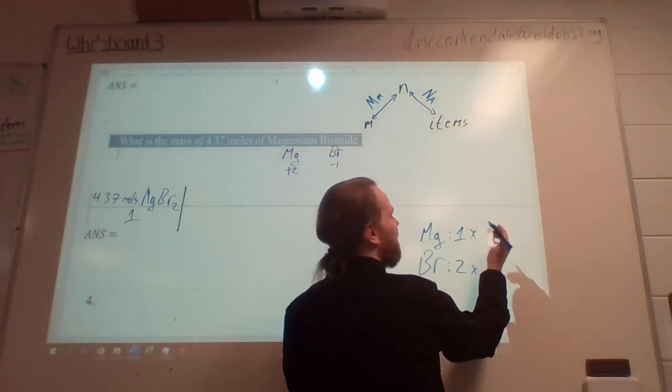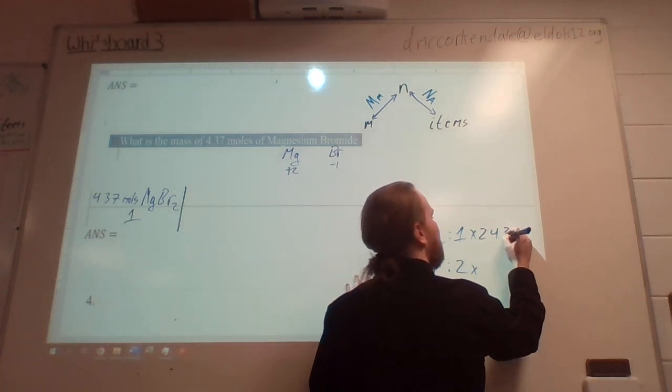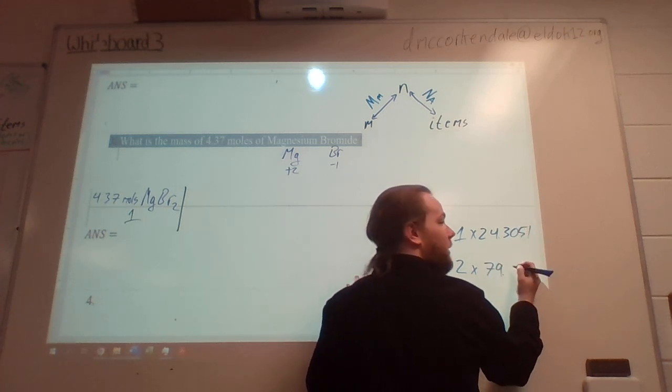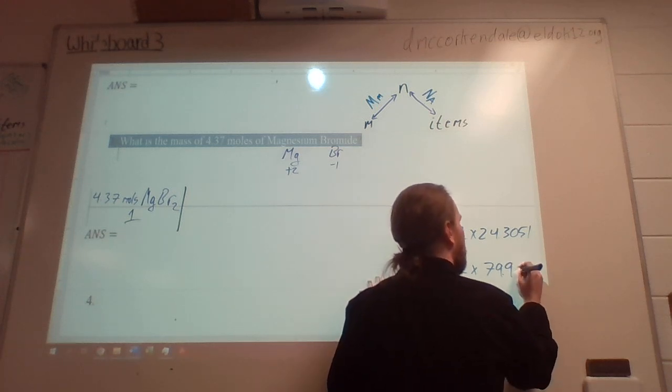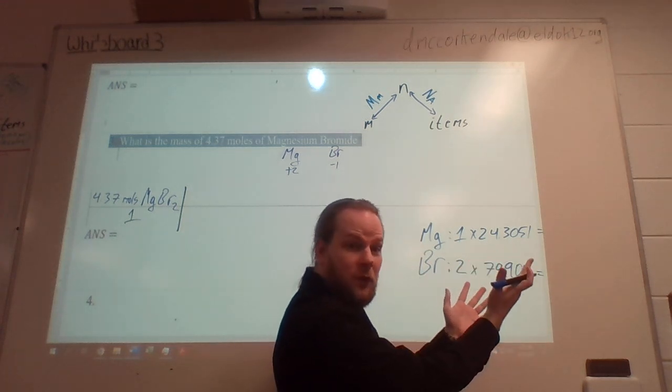The molar mass for magnesium bromide is going to be Mg Br. We have 1 magnesium and 2 bromines. Molar mass for magnesium is 24.3051. Bromine is 79.904. Obviously, anything times 1 is the same thing.